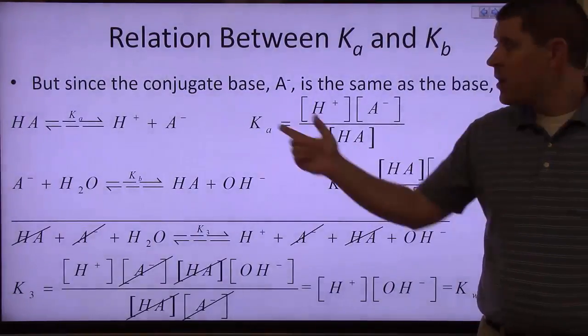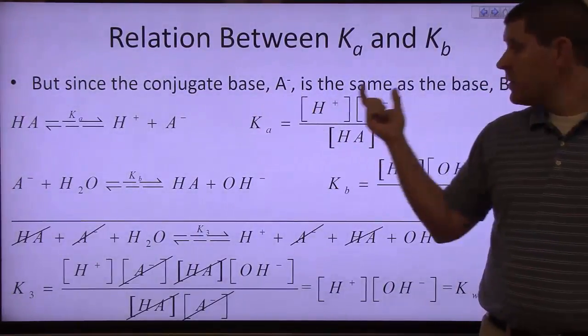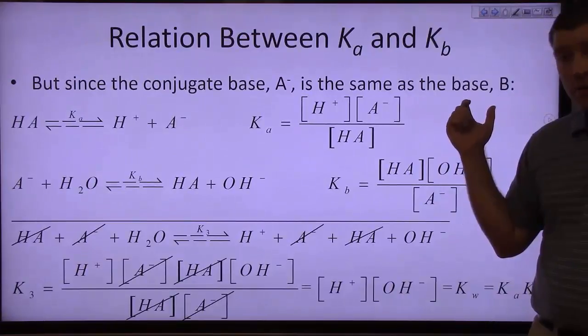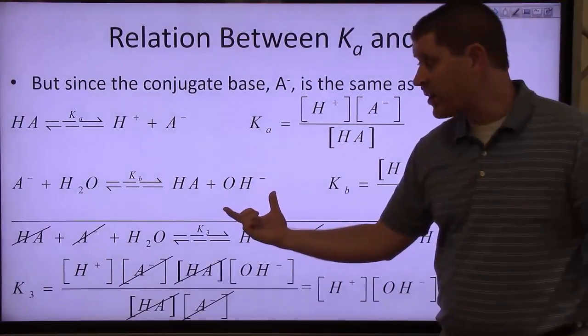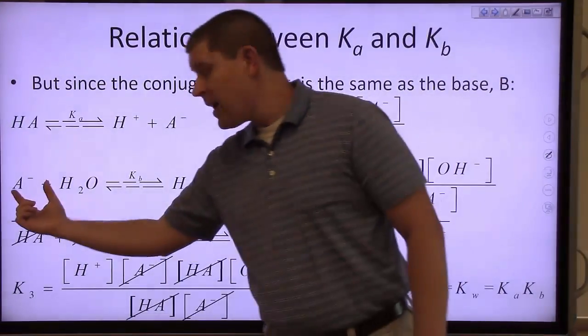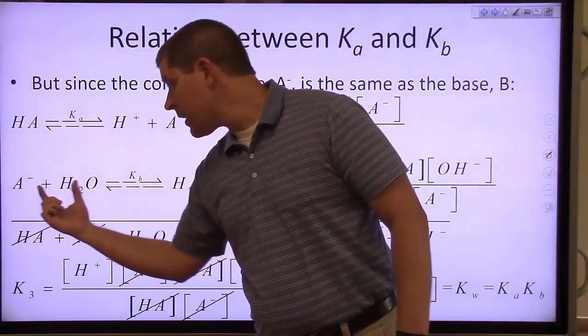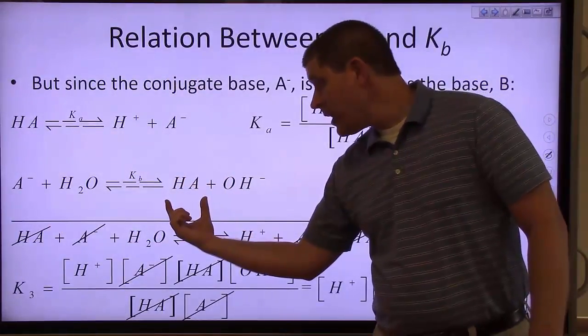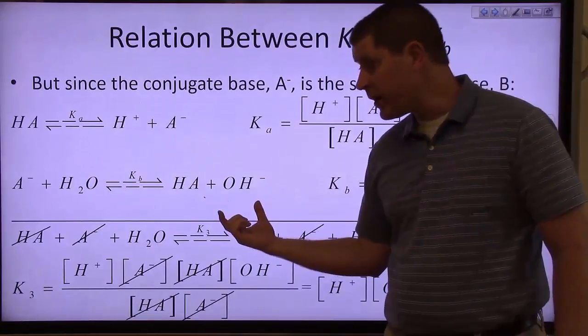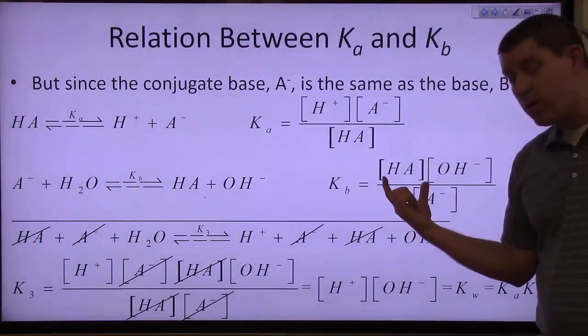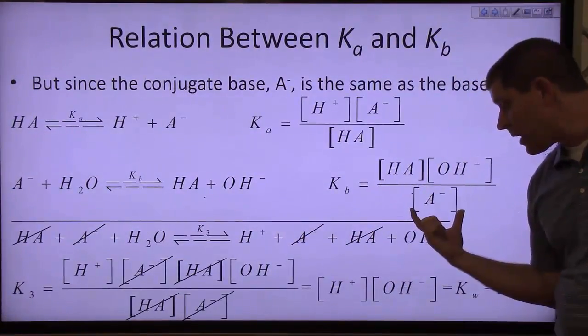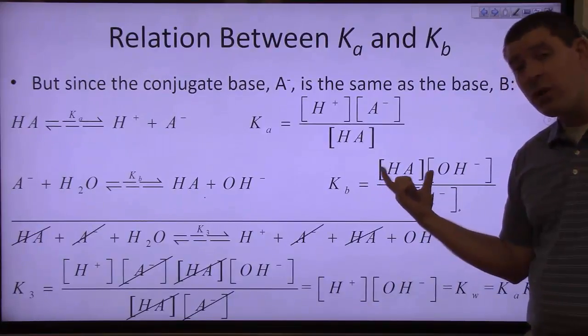But in this case, the conjugate base, A minus, is the same thing as our base, B. And that means that in our second reaction, we can replace the B with A minus. And so now we have A minus plus H2O react to yield HA plus OH minus. And then again, we can replace our B down here with A minus, and we can replace BH plus with HA.